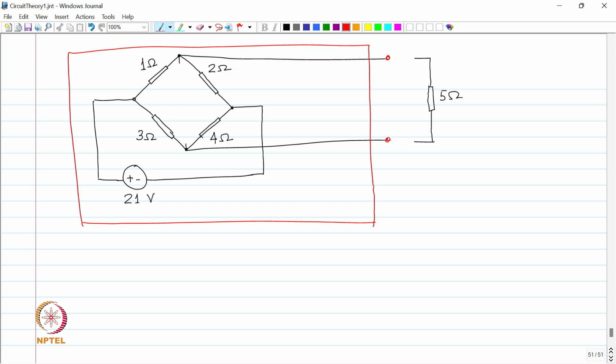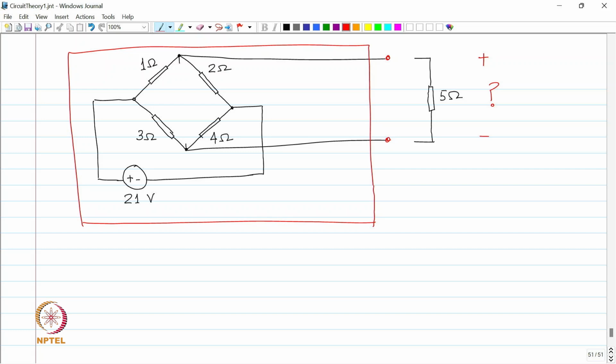Let us keep 5 ohms outside the box. By the way, what is the question over here? The question is find the voltage across 5 ohms, typical question, or find the current in 5 ohms, whatever it is. So, we have pulled the 5 ohms outside and then we have cut the wires, and now we are going to model this box with the help of Thevenin.